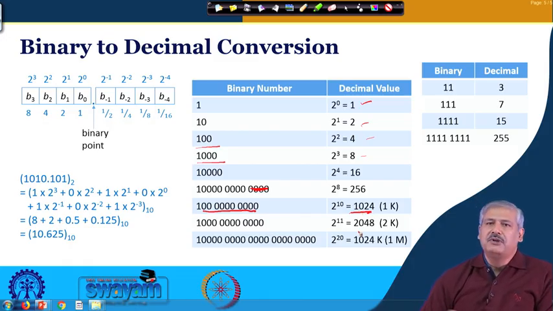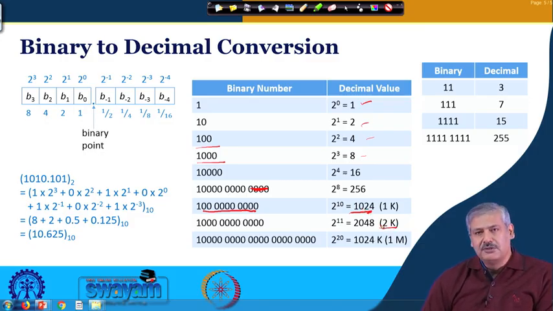So, 1024 is also represented as 1K. When we say 1 kilobit, it means 1024 bits. It does not mean 1000 bits, as in the decimal system. In binary or digital logic, digital representation of numbers, 1 kilo stands for 2 to the power 10, which is 1024.